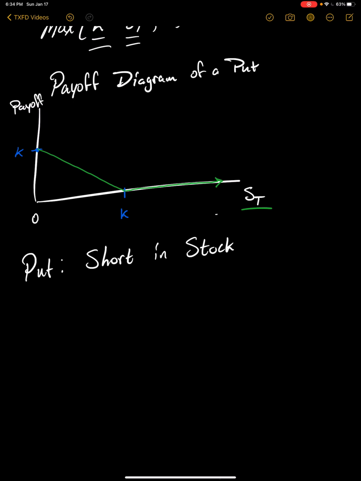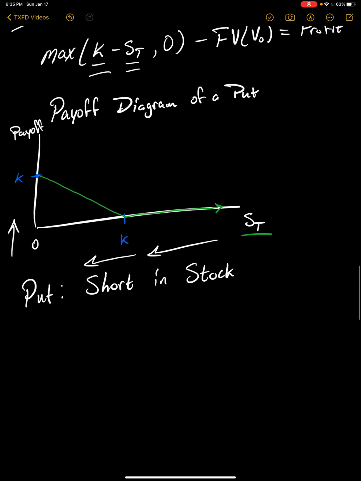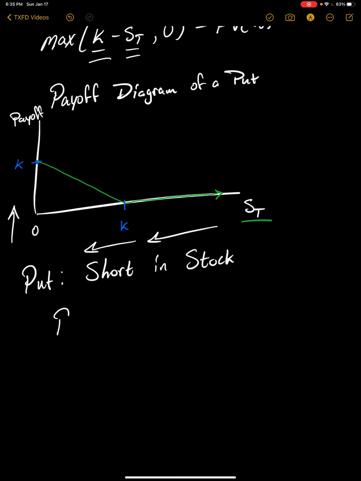See here, as we move backwards along the stock price at time t axis, our value continues to increase. So with a downwards movement in price, our payoff increases, right? So now we'd like to ask, what does the profit diagram for a put look like?